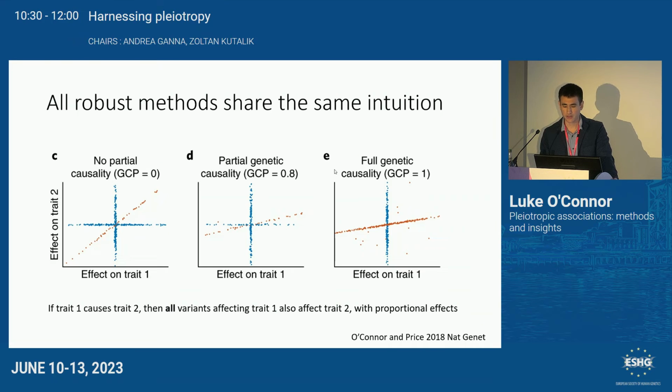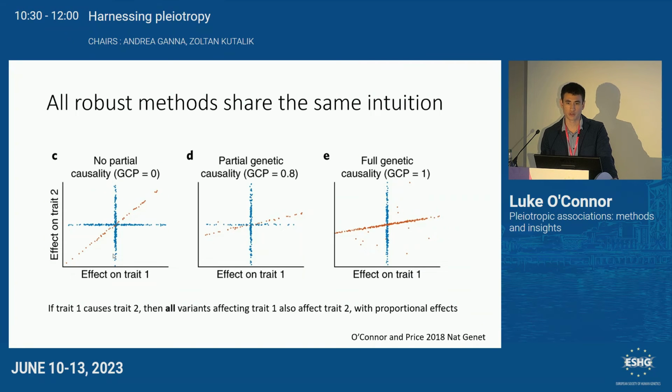And this method shares the intuition with all the other robust Mendelian randomization methods, which is that you can distinguish between genetic correlation and causality by looking for some consistent pattern of effects across many loci. So in the absence of a causal relationship, you'll observe some variants that have shared effects on both traits, but also other variants that affect, in this case, trait 1 but not trait 2, and variants that affect trait 2 but not trait 1.